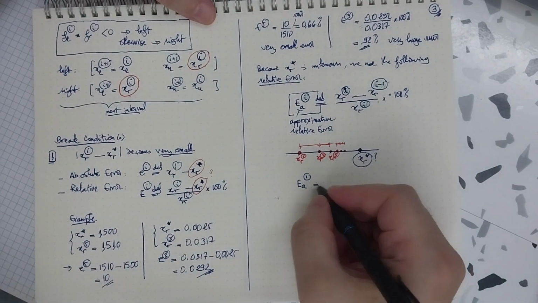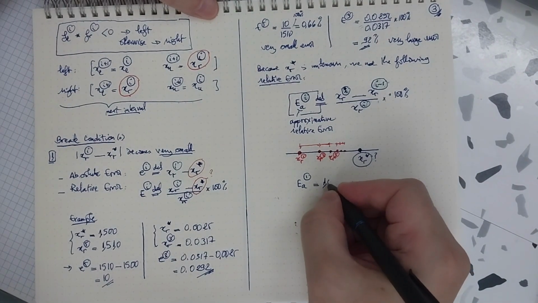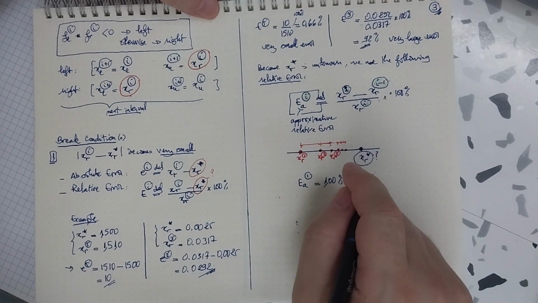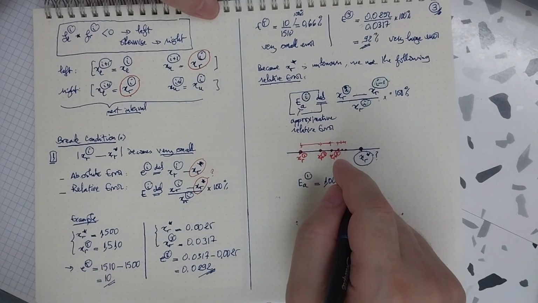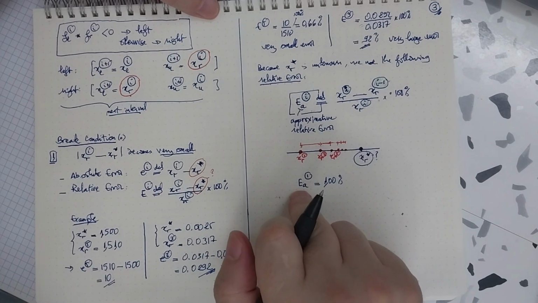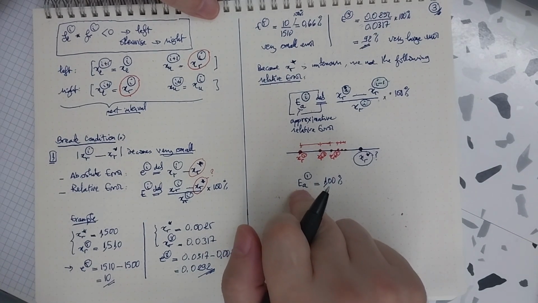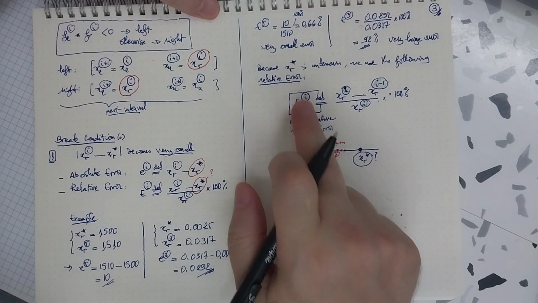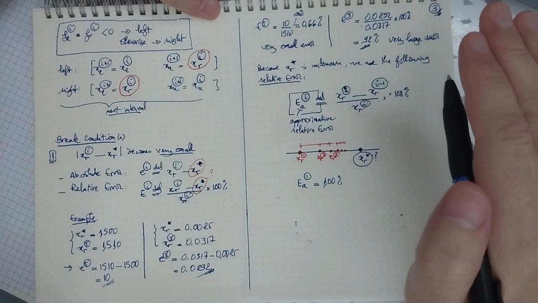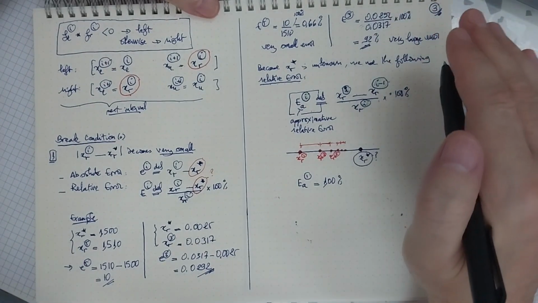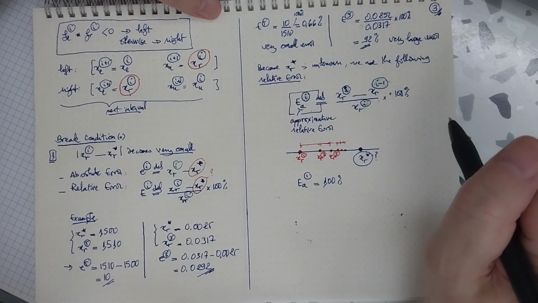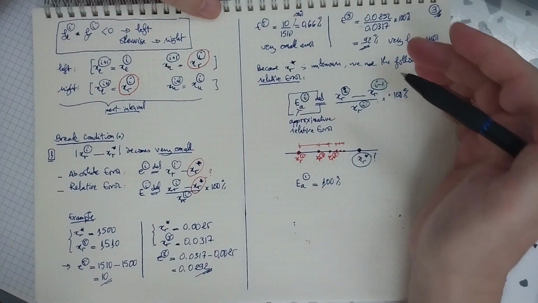So the first iteration will be 100%. That means we have to do at least 2 iterations. And at the second iteration, we must check whether the absolute value of EAi is smaller than a given bound. If it is smaller, for example, than 1%, we stop the iterations. So this is the main break condition.